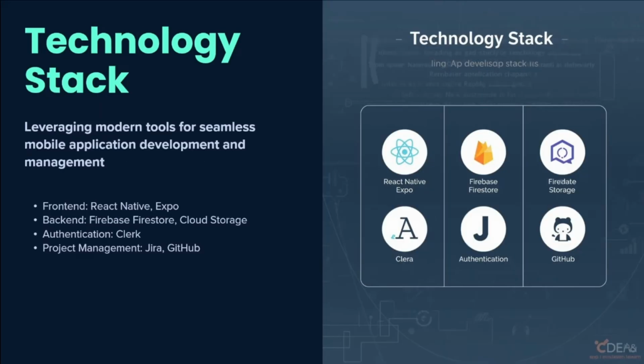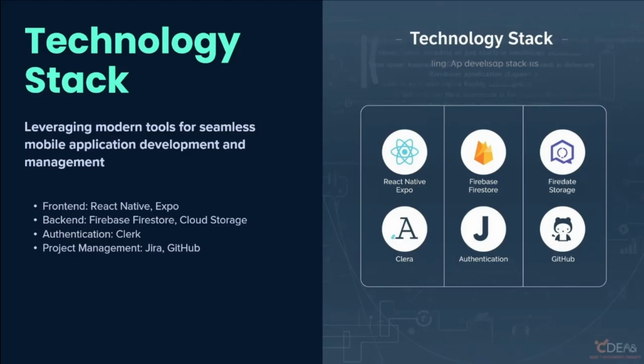Technology stack. For this project, I carefully selected technologies that ensure scalability and cross-platform compatibility. I chose React Native with Expo because it allows development for both iOS and Android using a single code base. So no need to duplicate the code for different platforms, for example, Android Studio for Android and Swift for iOS.